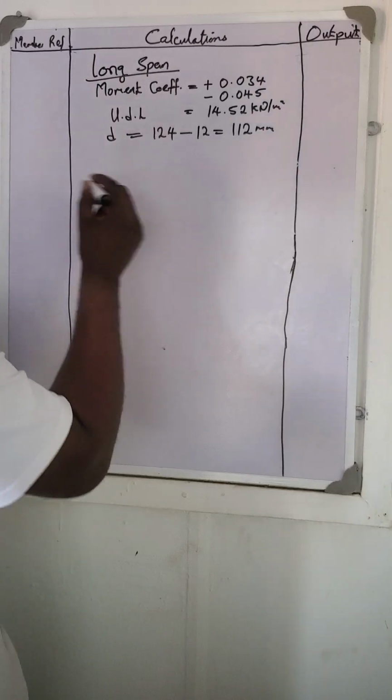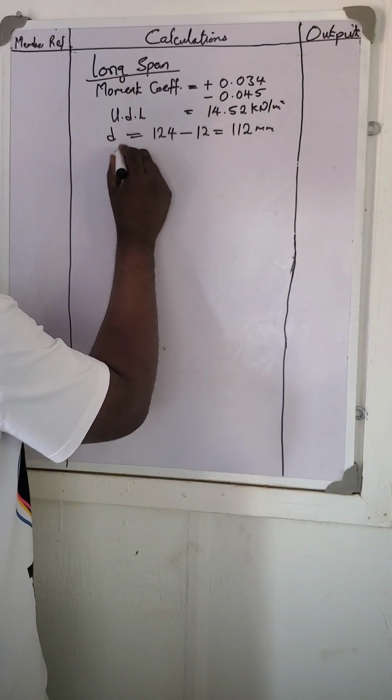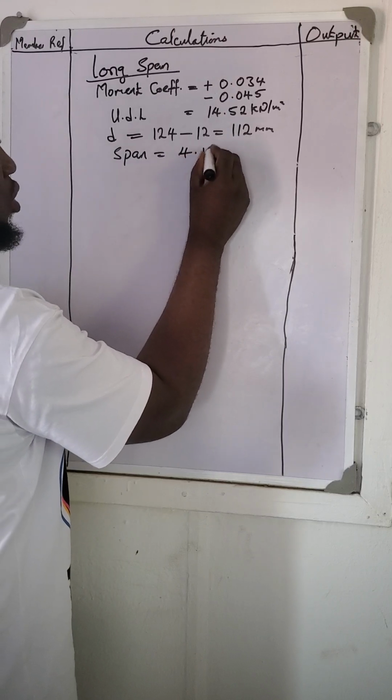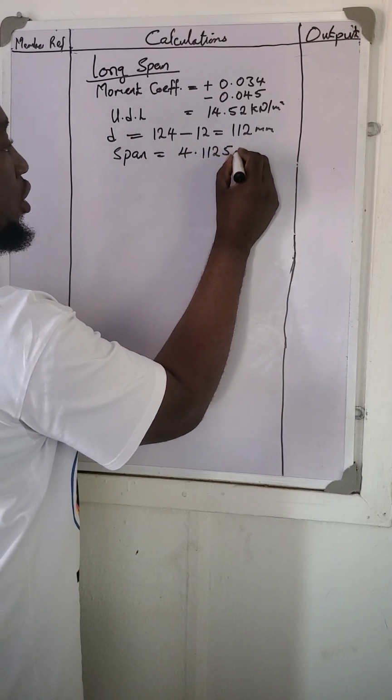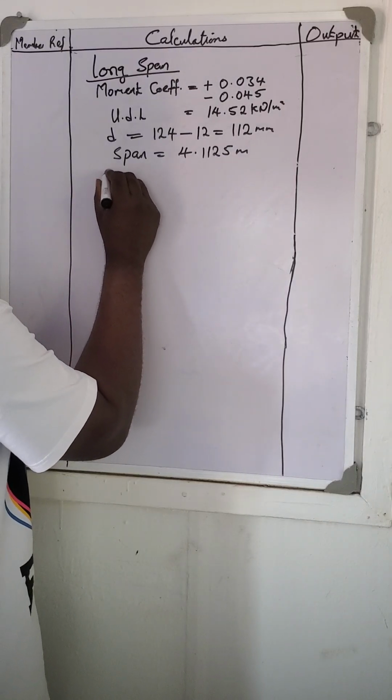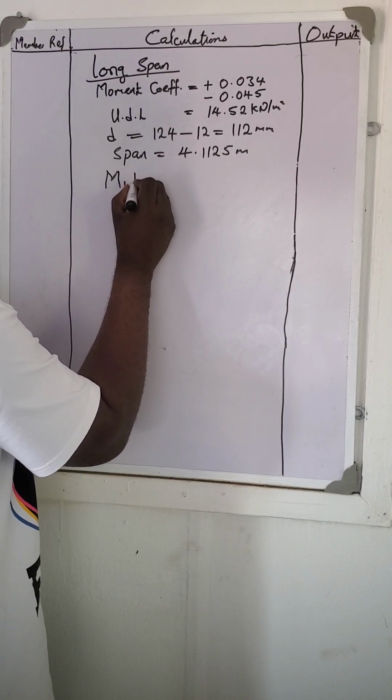Now, the span equals 4.1125 meters. So we now move straight to calculating the midspan moment.